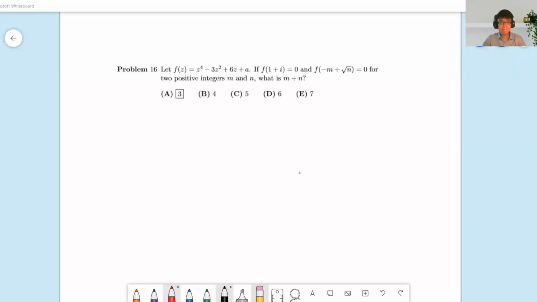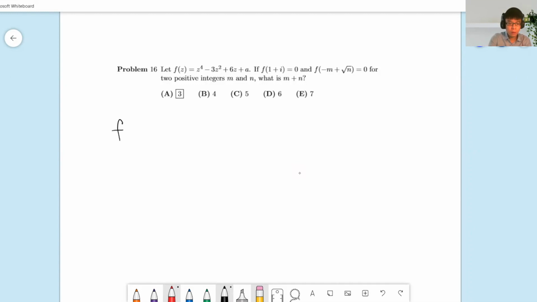Question 16. We're given a polynomial function f of z with 1 plus i as a root, and minus m plus square root n is also a root. Now m and n are two positive integers. What is m plus n? So first, there's an unknown coefficient in this function, that is a. We can solve for a using the given root here.